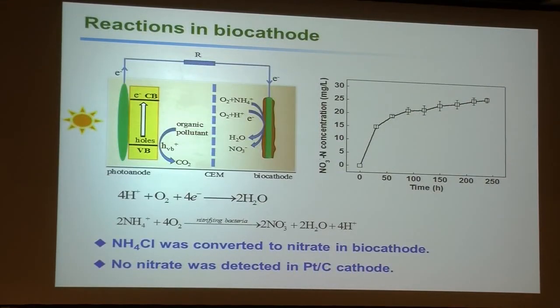In the cathode part, after we analyzed the different nitrogen contents, we believed that this kind of biocathode is a nitrification cathode. Ammonia and nitrogen are all converted to nitrate. Also, if we calculate the nitrogen balance, we believe we can find that nitrification happened in the cathode part.